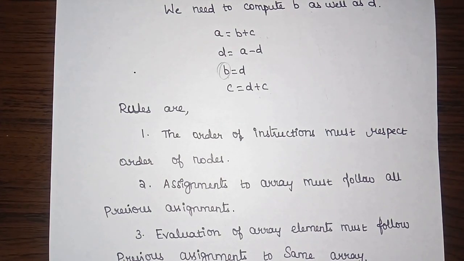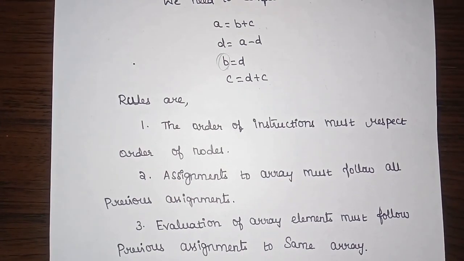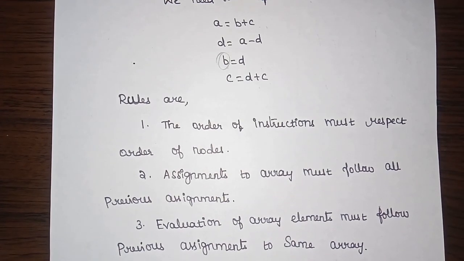And the next one is, any use of a variable must follow all previous procedure calls. That is, when we are reordering the code, no statement should cross a procedure call or an assignment through a pointer, and it uses the same array when both are array accesses. So this is all about the optimization of basic blocks.